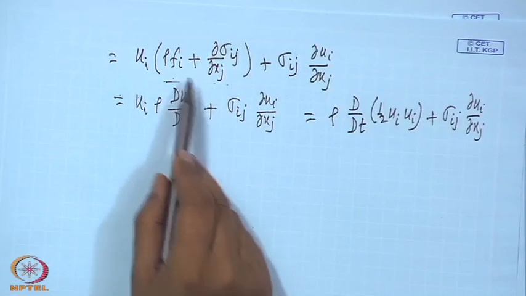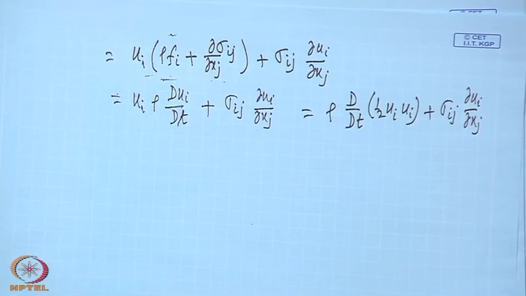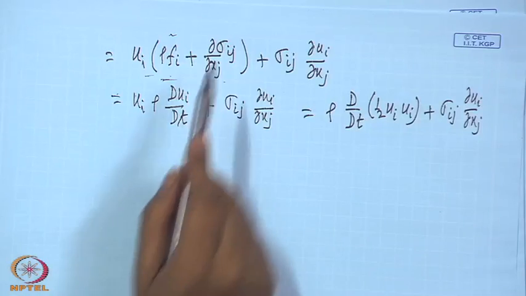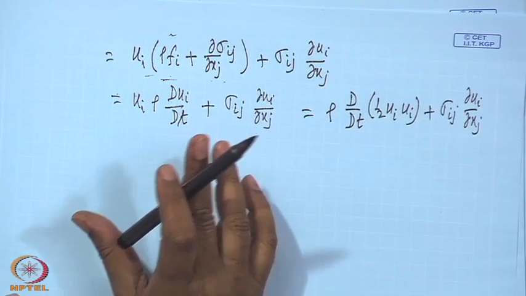Looking back at these two terms, the first is from the body force, the work done by the body force or volume force, and this is also a part of the work done by the surface forces.